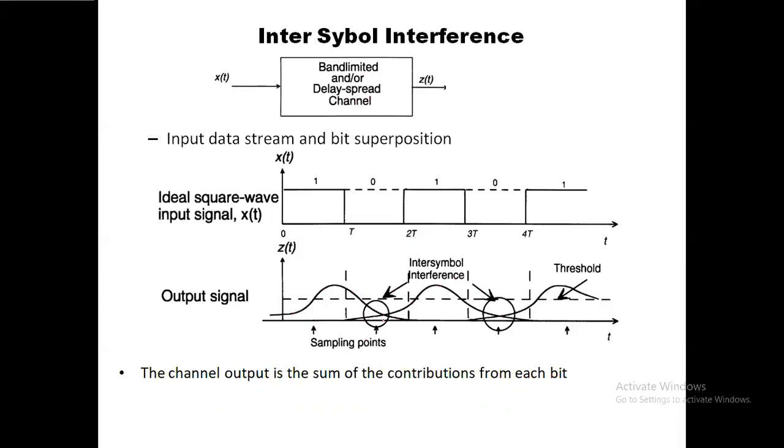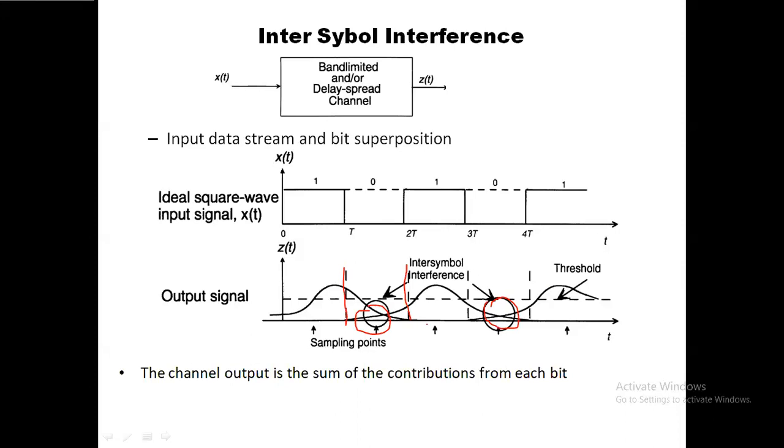So if we sample it at these circular points, what will happen? We have errors. But if we sample at appropriate times, where the interference from the other symbol would be 0, at this point and this point, there are fewer chances of errors, or no chance of error.